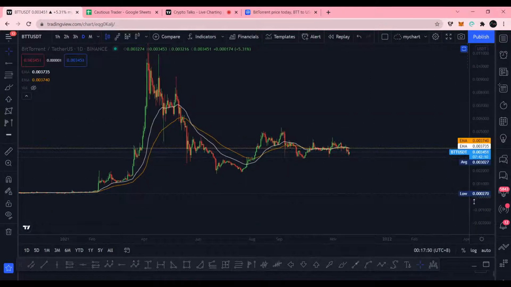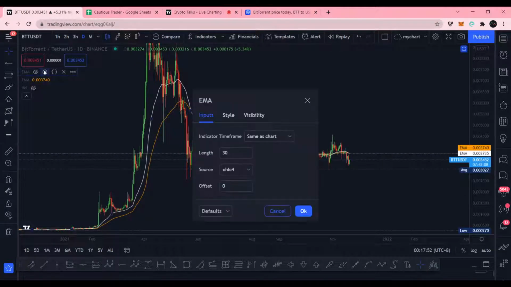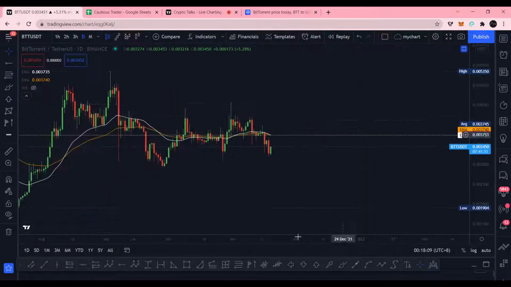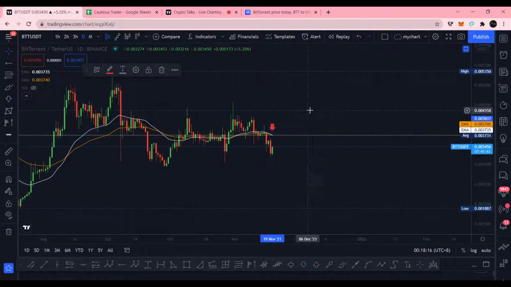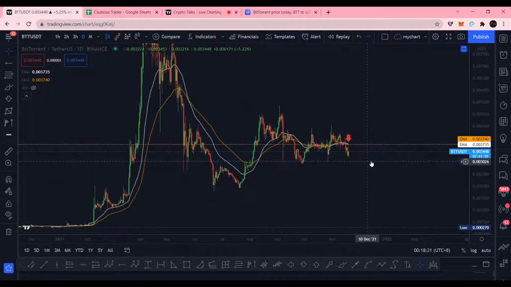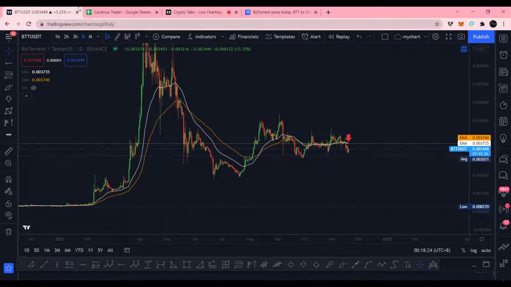I'm using EMA 30 with source open high low close, and the other one is EMA 60, also with source open high low close. So if ever, you can also add it, or use other EMAs and check if there is really a dead cross that has formed. So conservative note, I'll just wait for it. So ano to?